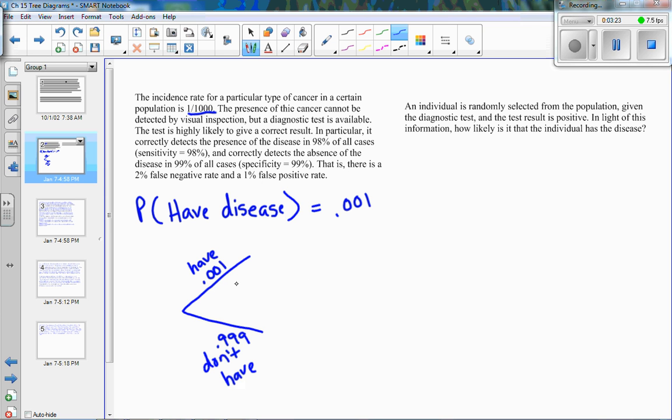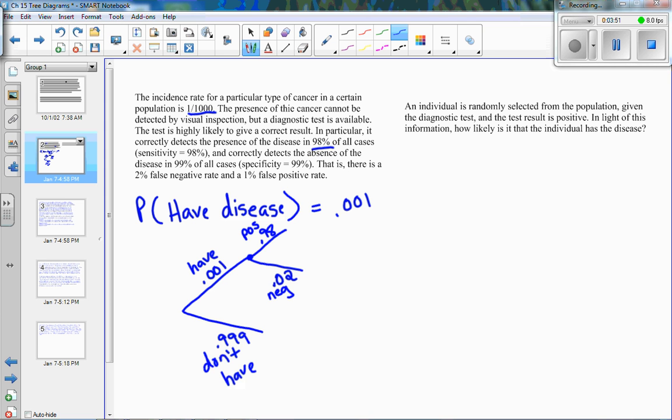Now for the rest of this, if you have the disease, remember we're told that the test correctly detects the presence of the disease in 98% of all cases. So if you have the disease, there's a 0.98 chance that you're going to test positive, which means there's a 0.02 chance that you test negative.